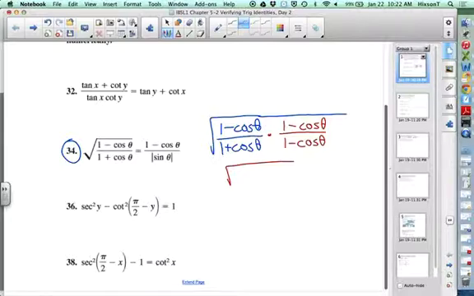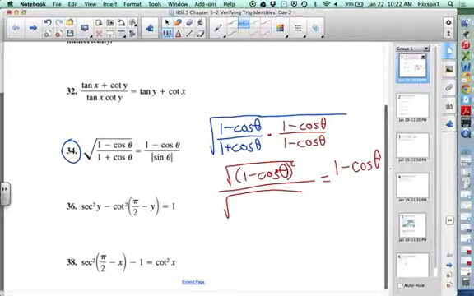Our numerator is the square root of 1 minus cosine times 1 minus cosine. Well, that's 1 minus cosine squared, right? So what's the square root of 1 minus cosine squared? That's just 1 minus cosine.